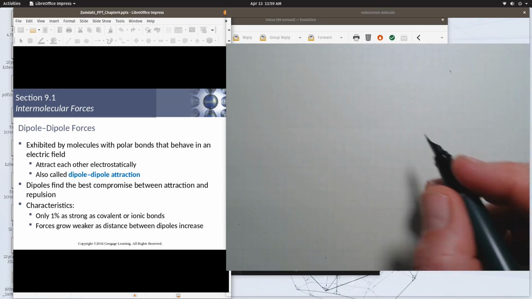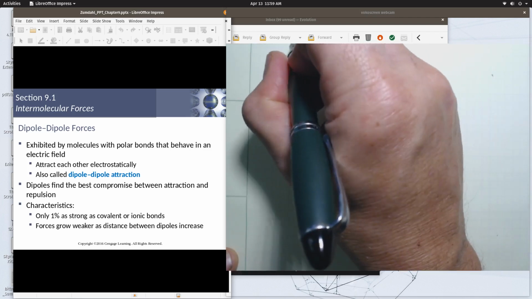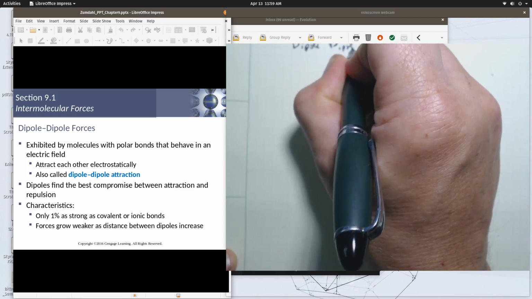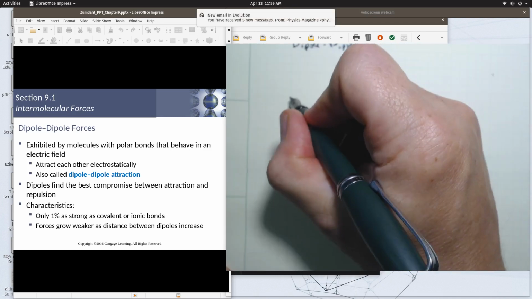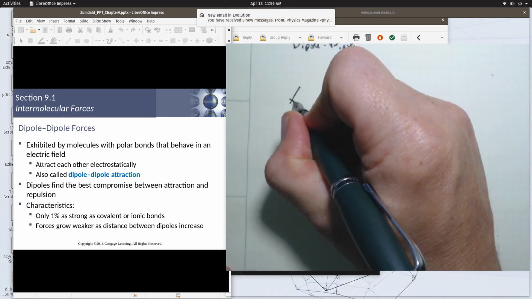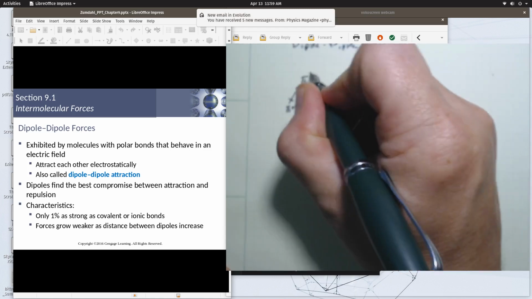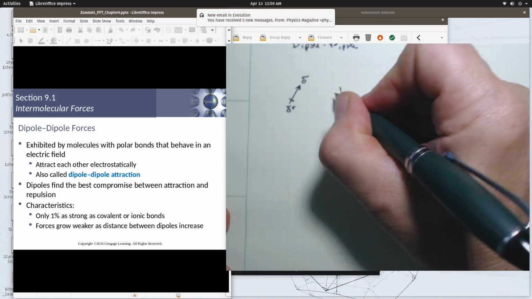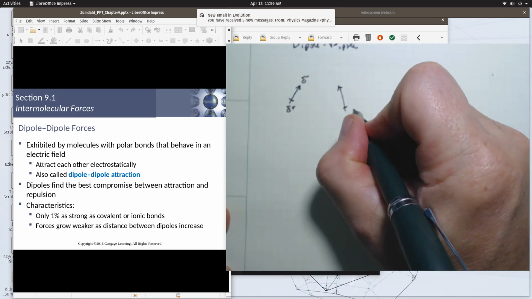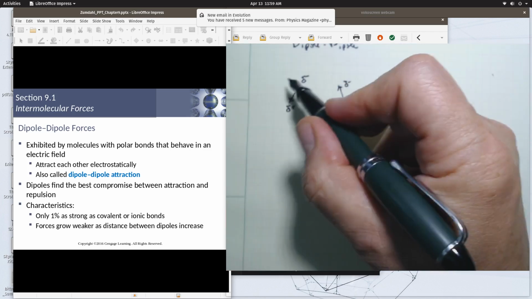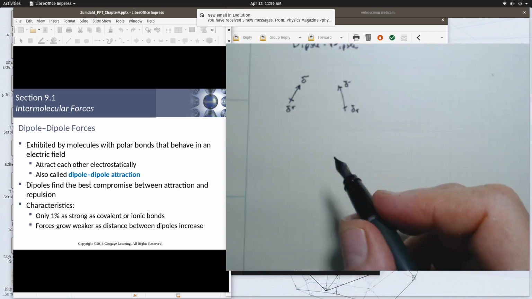The first thing is called dipole forces. A dipole force is basically, I have a charge distribution, delta plus, delta minus, irrespective of the shape of this molecule.